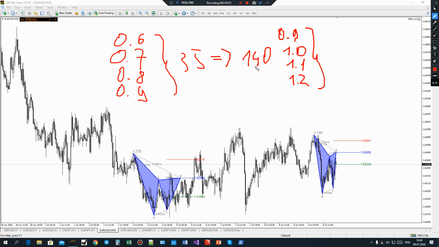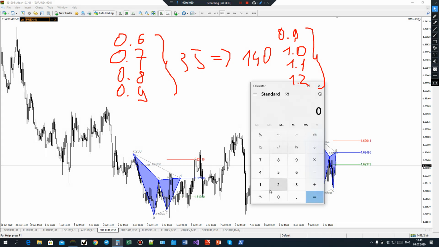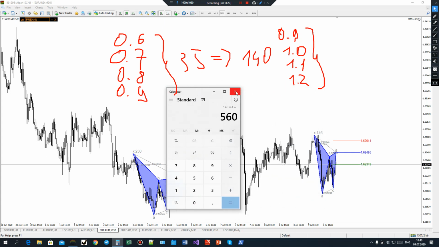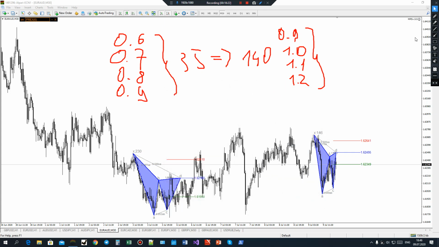It gives us 140 multiplied by 4, which gives us 560 patterns.